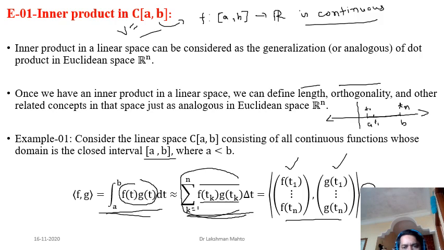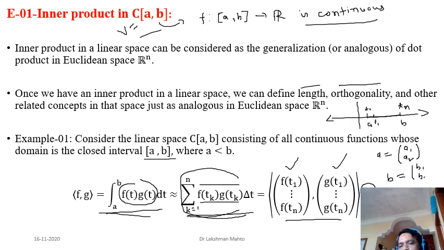Then you may ask why we don't observe delta t in the case of a 2D vector. Suppose we take a 2D vector in R2. The coordinates of that vector would be a1, a2. If you take another vector b, the coordinates in R2 would be b1 and b2.